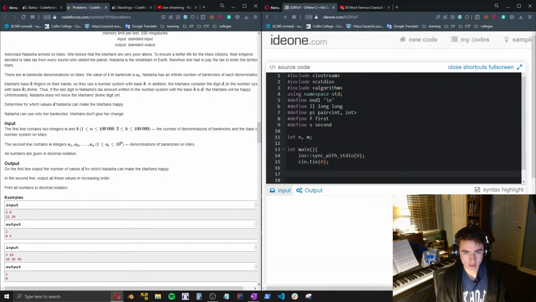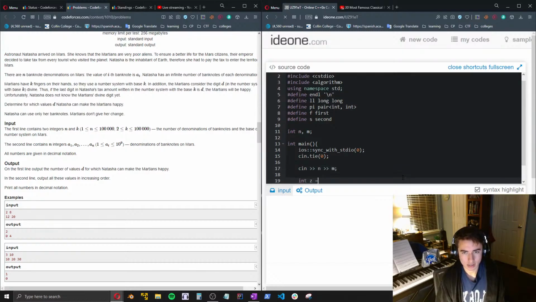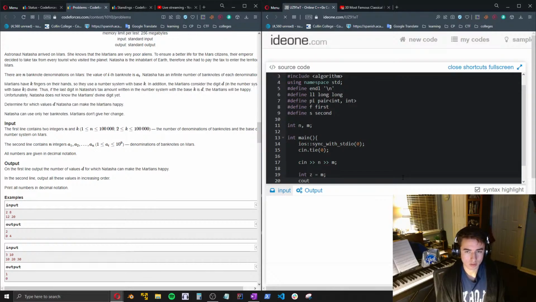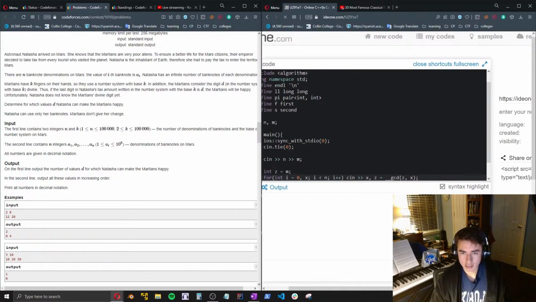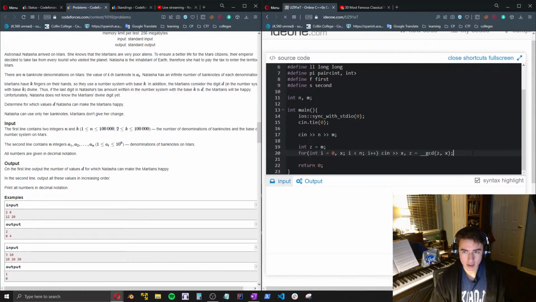And then let z be equal to m. We need to read the input, and then do z is equal to GCD of z and x. Right, that's taking the GCD of all of them. Now we should be able to make every multiple of that.